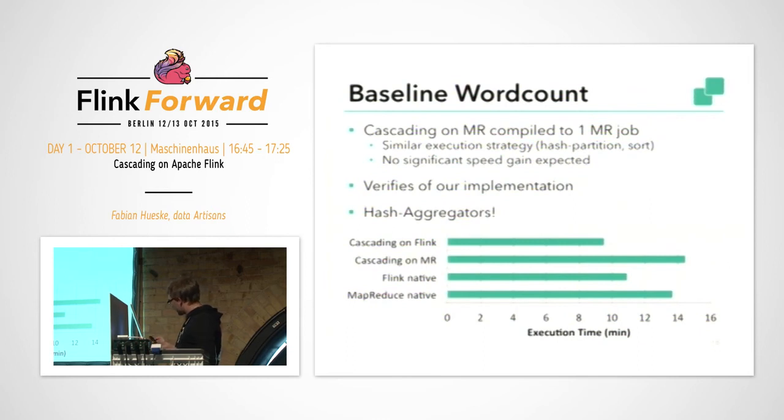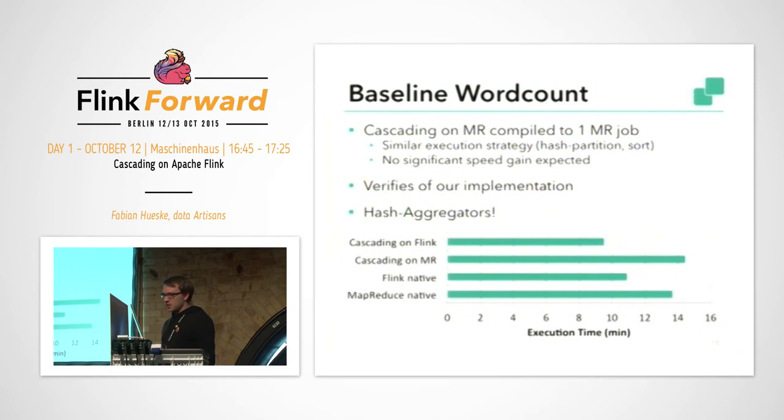There are some notable things here. The Cascading implementations use hash-based combiners. Cascading doesn't use the MapReduce combine interface, which is sort-based, but it comes with its own hash combiner, and the same hash combiner is also used for Flink. You see here that Cascading on Flink is a little bit faster than Flink native, and this is just because Flink doesn't have a hash combiner.